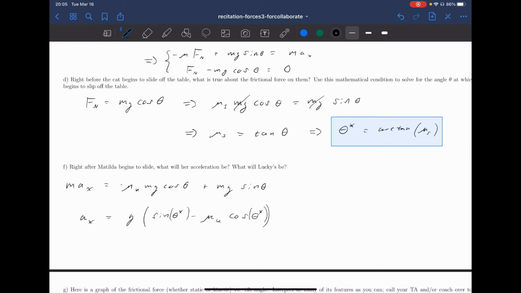So what you're going to have to do is find theta star for each cat and plug it in to here. Oh gosh, I lack the ability to draw squares today.